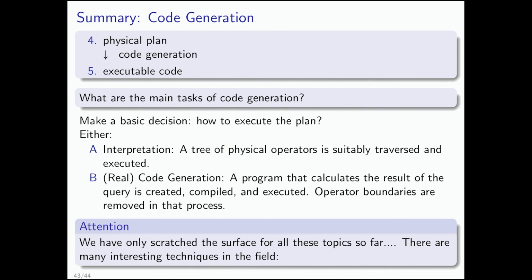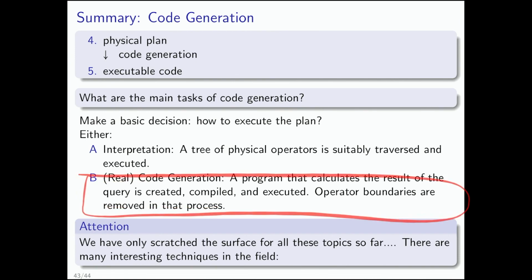Writing to disk, reading from disk was killing everything. It didn't make a difference whether you had code generation or not, because the disk was killing it anyway. But starting with the 90s, people made the transition to main memory systems. And there it made much more of a difference whether you generated code or not. And what was a real game changer.